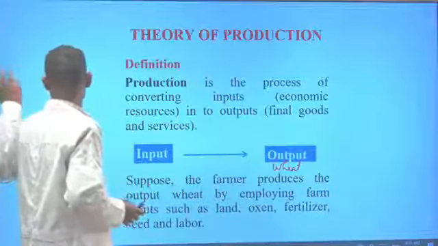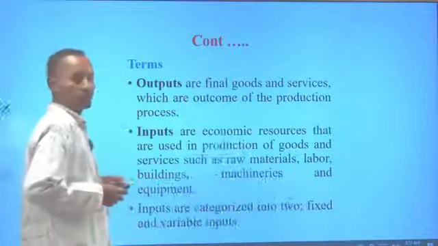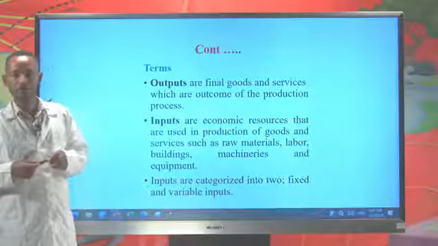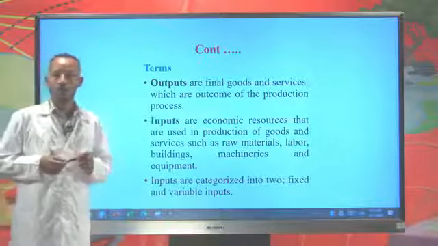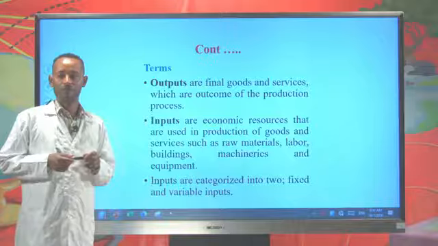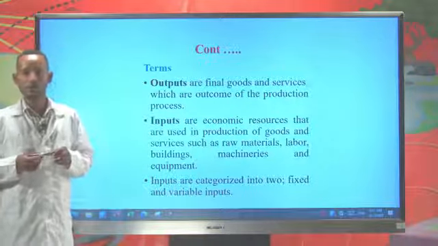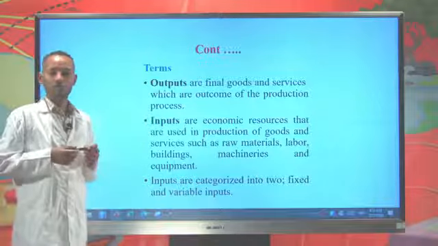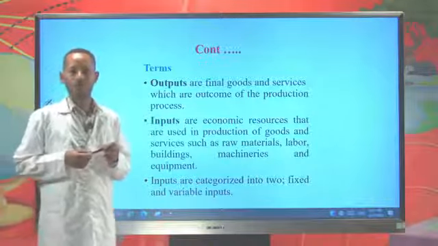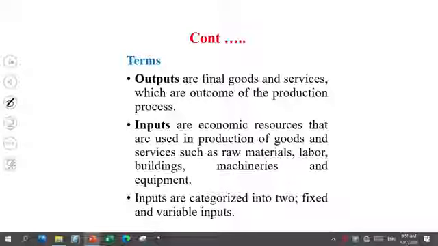Now let's see some of the terms used to describe the theory of production. First, output is the final goods and service, which is the outcome of the production process. In our example, if the farmer produces wheat using the inputs land, labor, capital, and the like, the output is the wheat. But inputs are those resources which can be used for the production of the outputs.